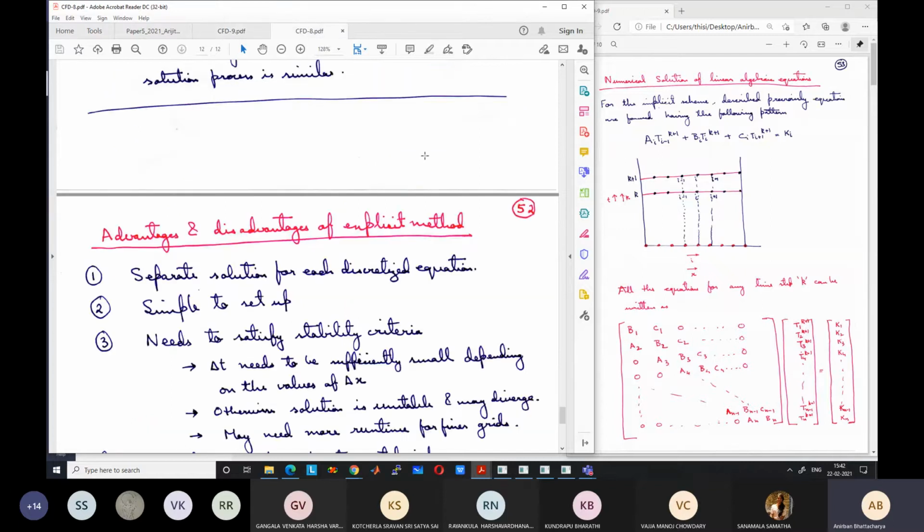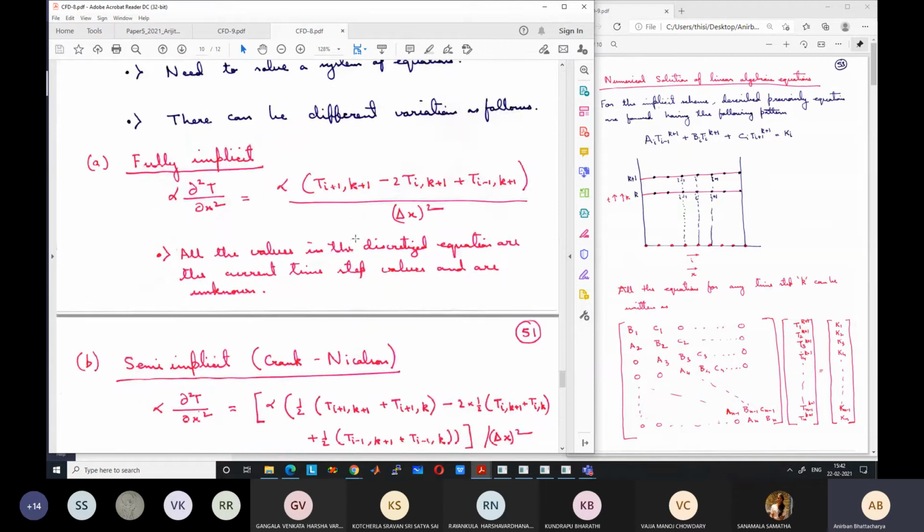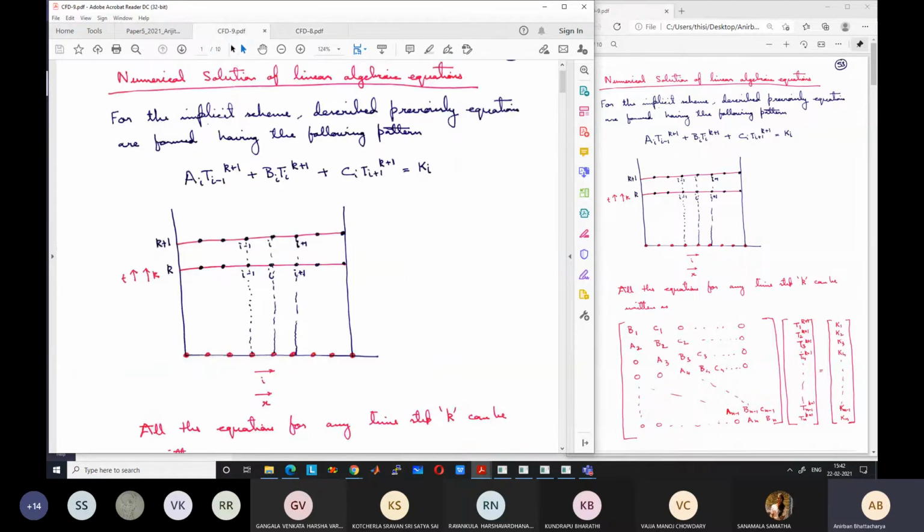This is the general pattern of the equations. If you derive the equation for a semi-implicit or fully implicit scheme, you will see that the I plus 1 k plus 1 term, I k plus 1 term and I minus 1 k plus 1 term will be there, in addition to any source term that is present. So three terms will be there.